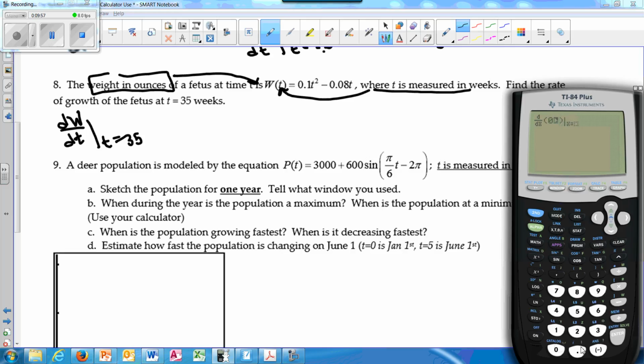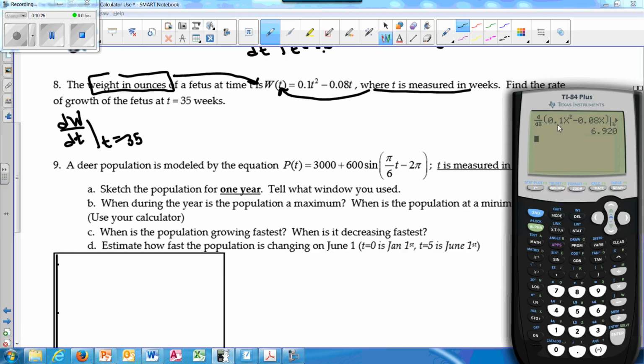Now, I am going to do this one without using the y1, just as an example. I'm still going to do my n-deriv with respect to x as my input. So I'm going to use 0.1 x squared minus 0.08x.